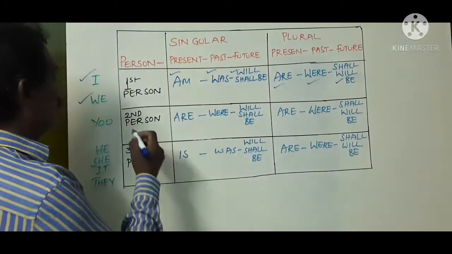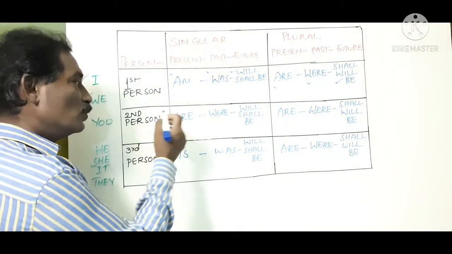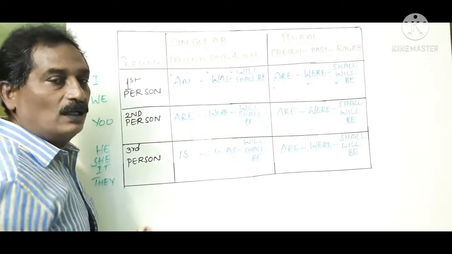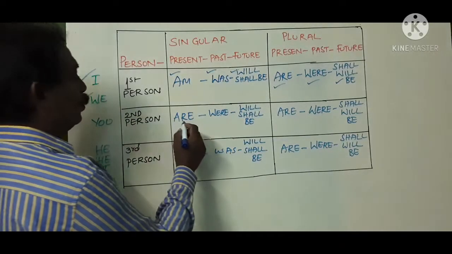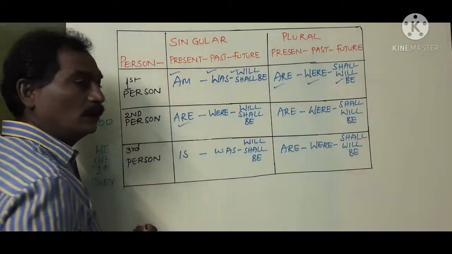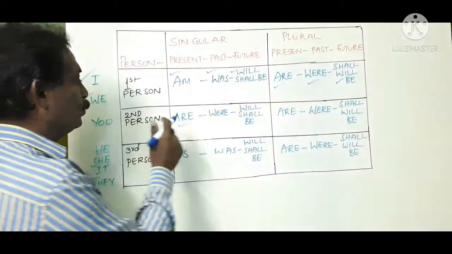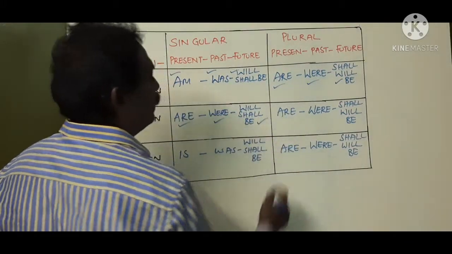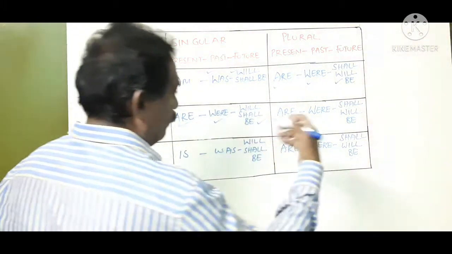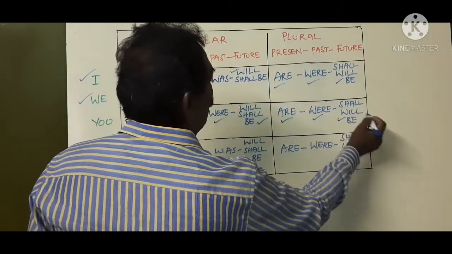Let us see the second person. For second person you, singular, plural, are is used. You are is the be form. The relevant be form for you in past tense is were, future will or shall be. For plural, are, were, shall or will be.